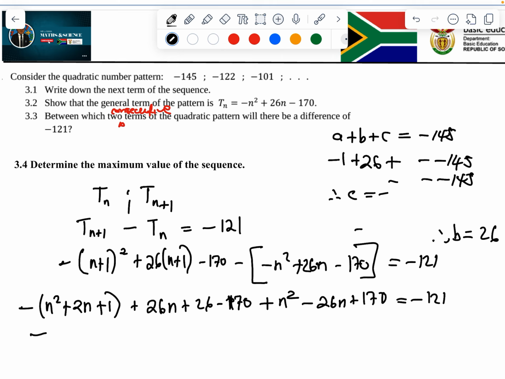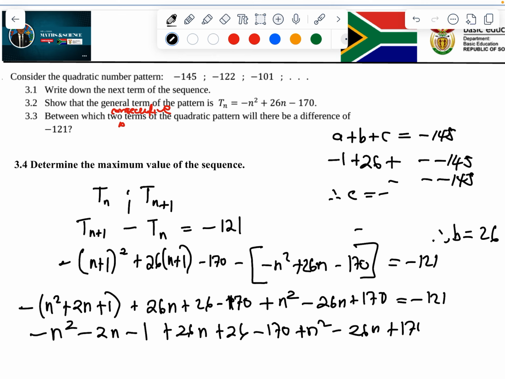Then I'll have minus n squared minus 2n minus 1 plus 26n plus 26 minus 170, and then plus n squared minus 26n plus 170 equal to negative 121.